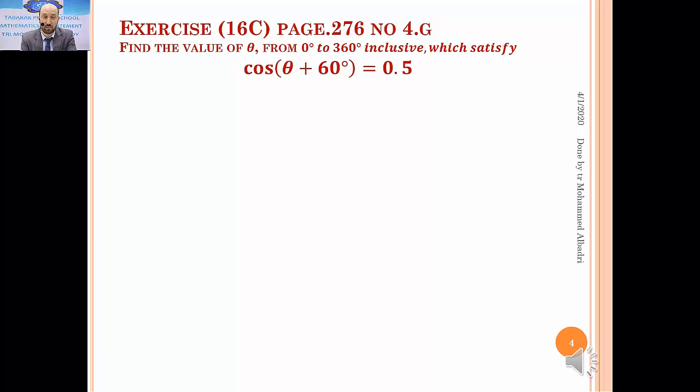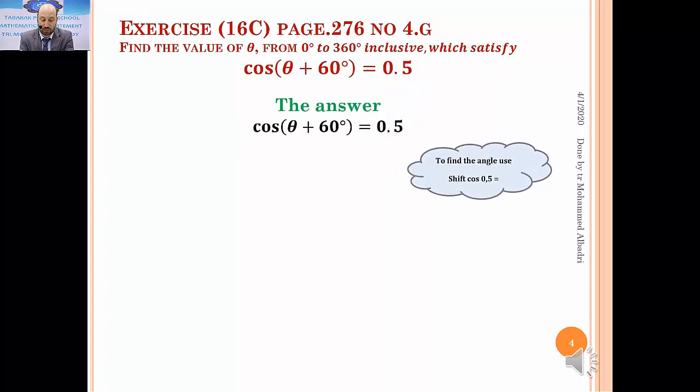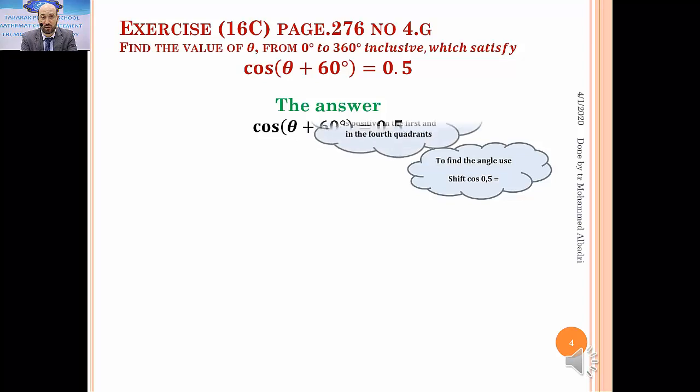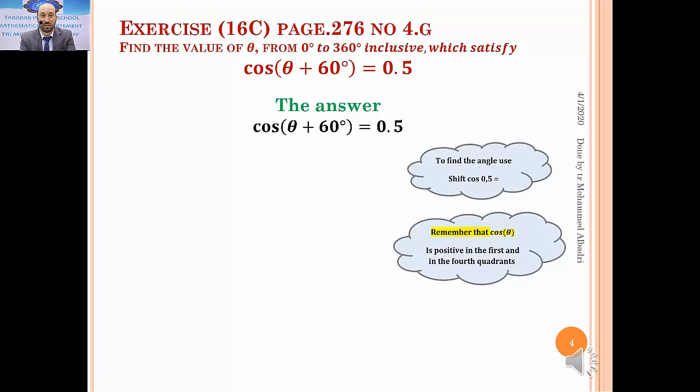So directly, we have cosine of theta plus 60 equals 0.5. To find the angle, we are going to use shift cosine 0.5. So we have to know the sign of cosine theta. Cosine is positive in the first and in the fourth quadrants, so we are going to solve it in the first and the fourth quadrants.